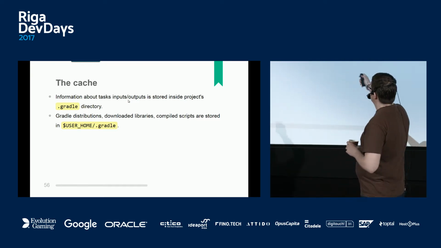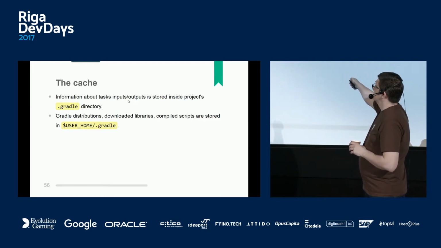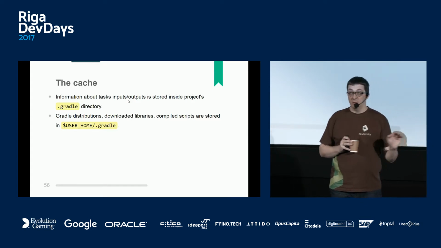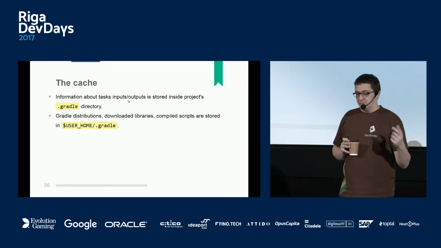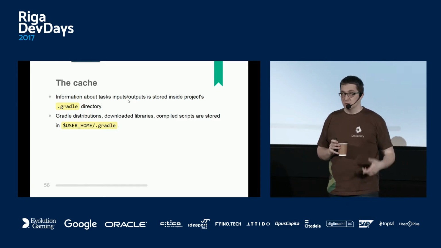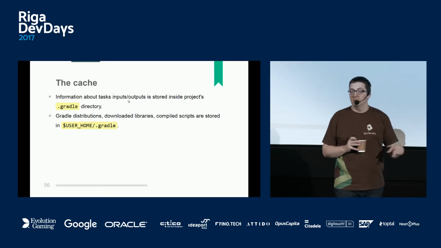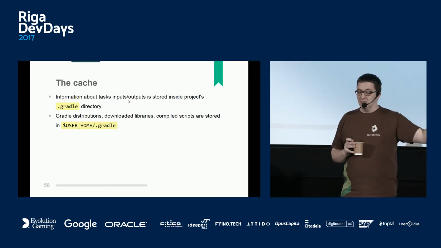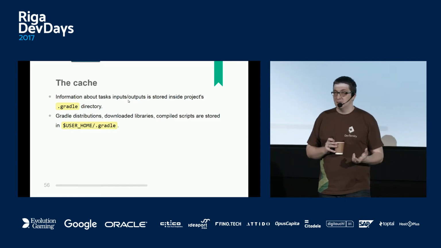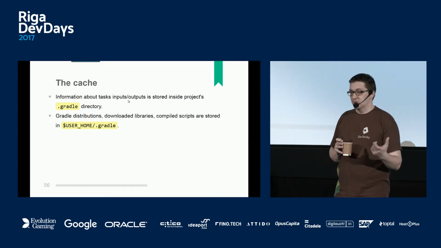You probably notice that in every Gradle project you have a .gradle directory, which contains information about these task inputs and task outputs in binary form. So if you delete that directory, this information will be lost, so tasks will not be up to date. But if you keep it, Gradle will consult that directory first before verifying that a task is not up to date, and only in that case will it execute the task.